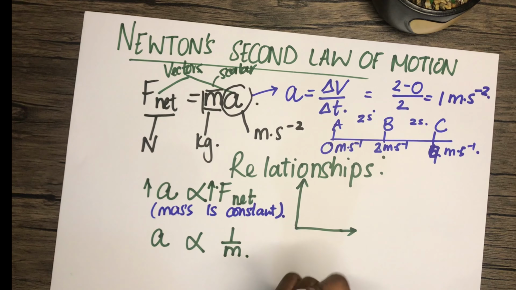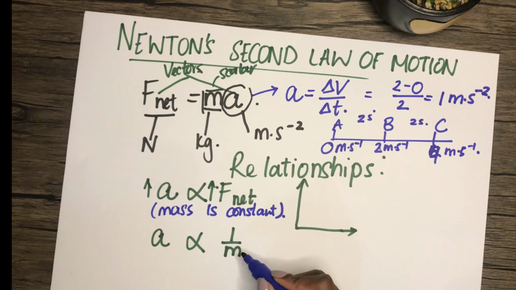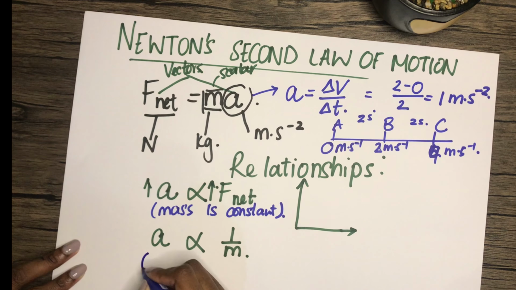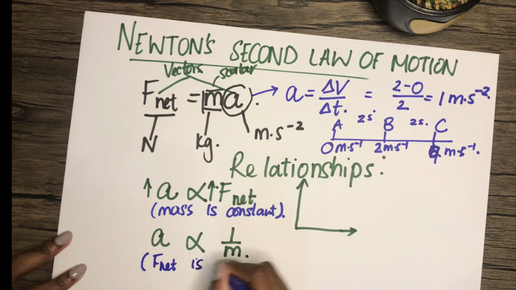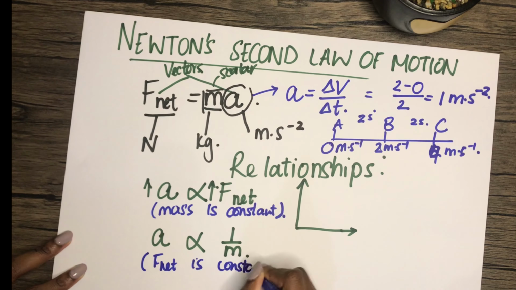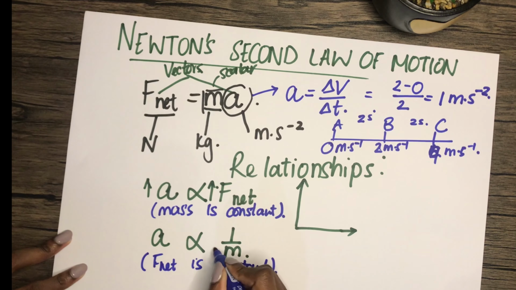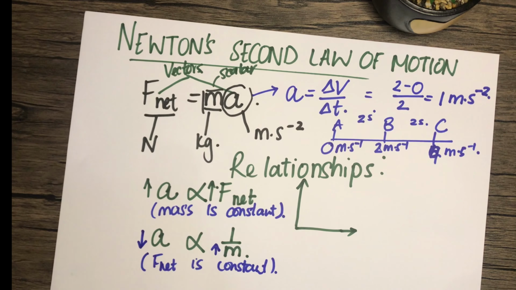And then you can also investigate the relationship between acceleration and mass. These two are inversely proportional for a constant net force, right? This means that as the mass increases, the acceleration decreases.